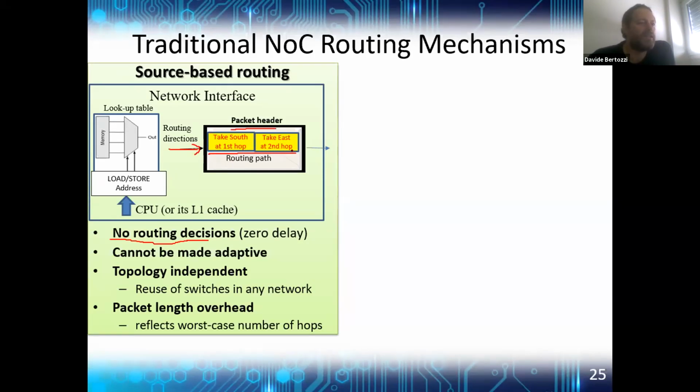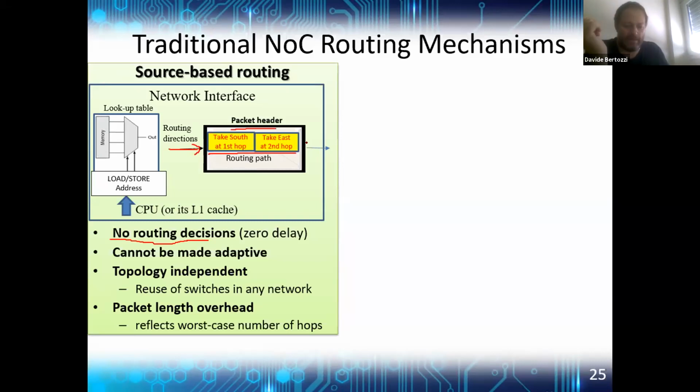You need to reserve space for as many routing directions as the worst case number of hops in the packet. So you need to reserve space in the packet header to embed the directions for the furthest away destination. And this means that as you keep scaling up the network size, your packet header will be more and more an overhead.